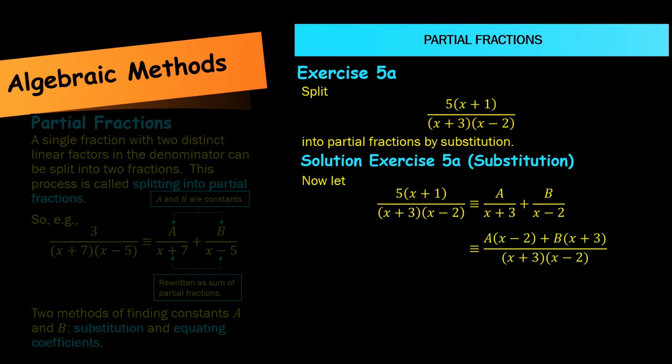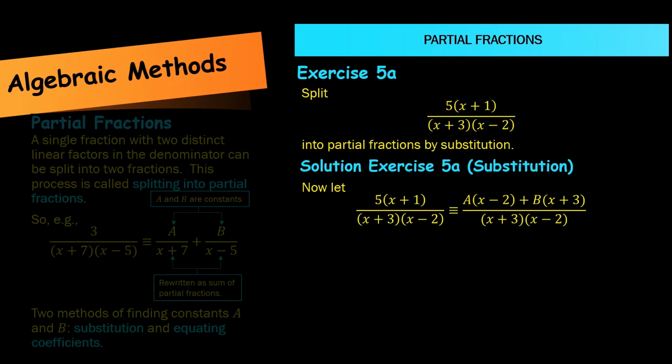We then add the fractions on the right-hand side by putting them over a common denominator, as shown. Therefore, we now have that the numerator on the left-hand side is identical to the numerator on the right-hand side.